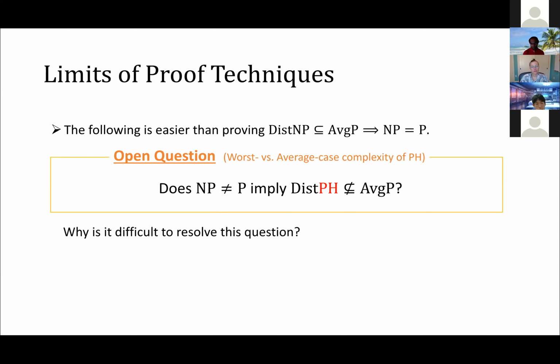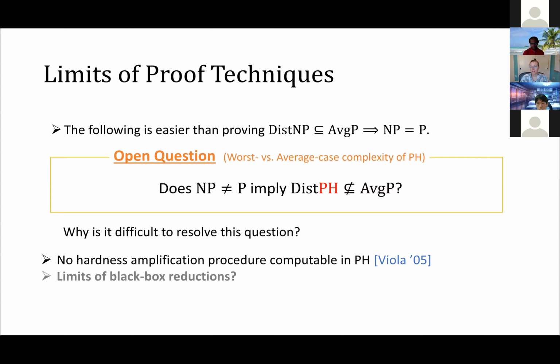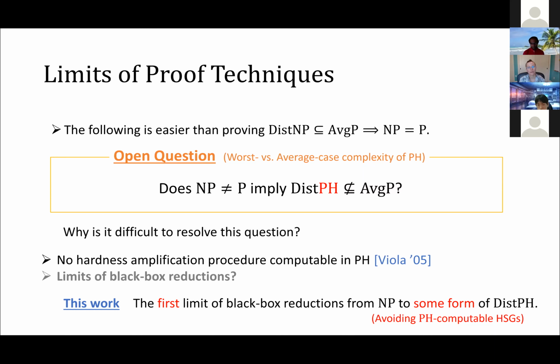What we showed in this work is the first limit of black box reductions from NP to some form of distributional PH problem. Specifically, I'm going to consider only the task of avoiding PH-computable hitting set generators, and then I will present a limit of such proof techniques.